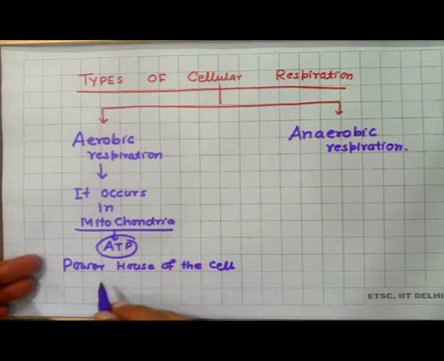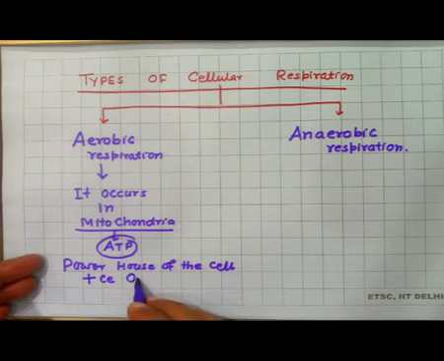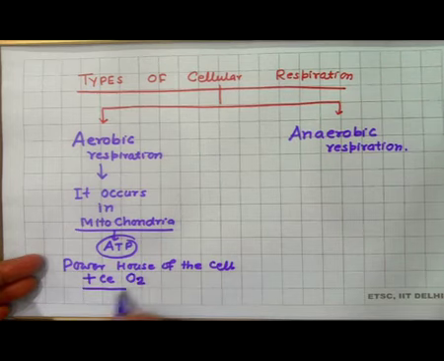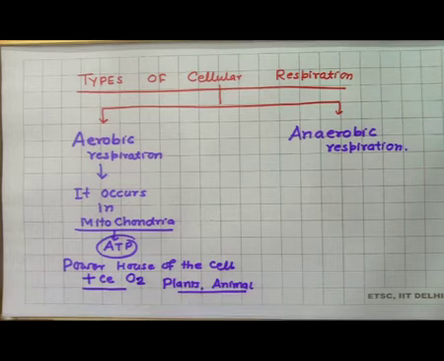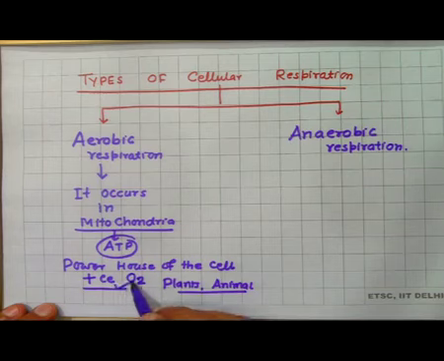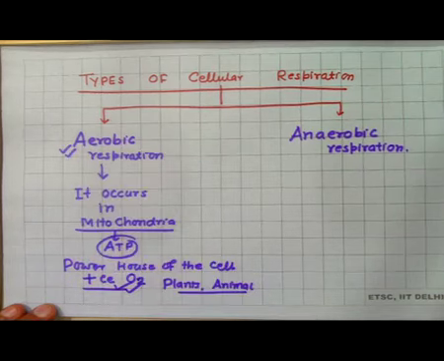Aerobic respiration takes place in presence of oxygen in most of the plants and animals. So, when cellular respiration takes place in presence of oxygen, that type of respiration is called aerobic respiration.